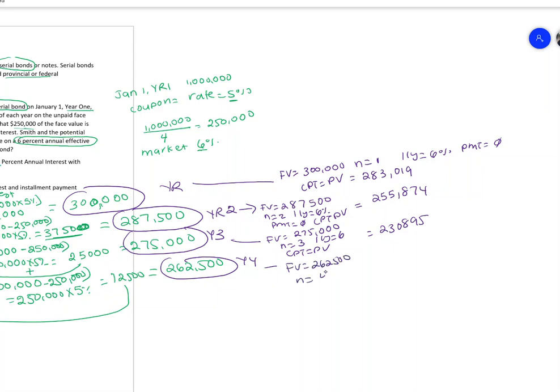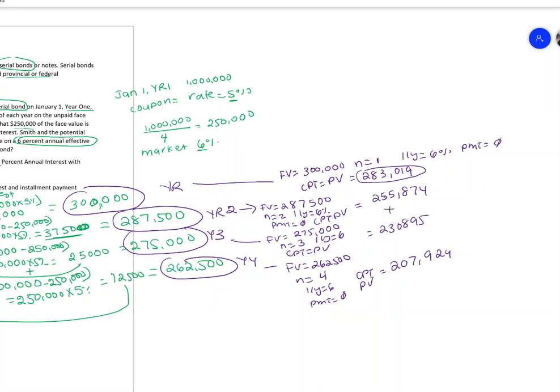Your N is 4. Your I/Y is 6, and your payment is equal to 0. You're going to compute your present value. That came out to be 207,924.